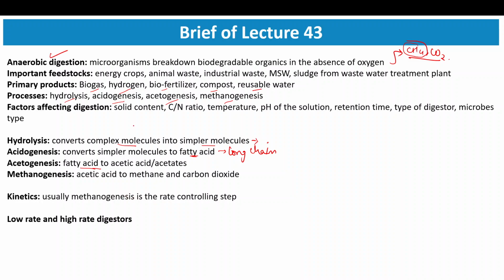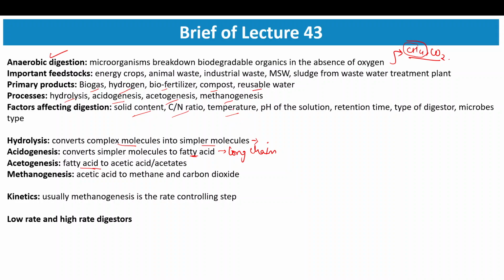Now, these are the factors which affect the digestion process: solid content, the amount of carbon and nitrogen in the solid, and at what temperature you are doing the digestion, because here you supply microorganisms, right? For example, if you are using different types of microorganisms, then their activity depends on the temperature.